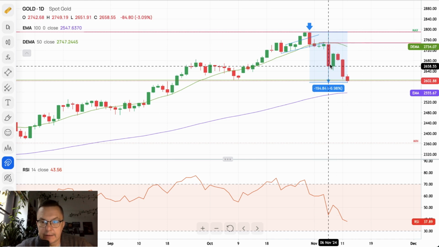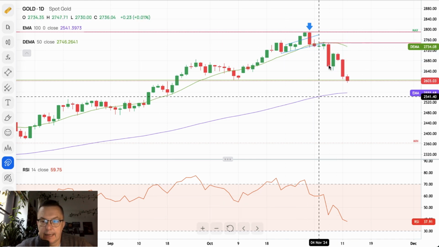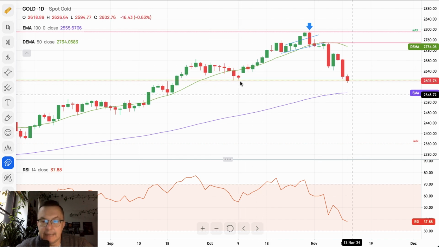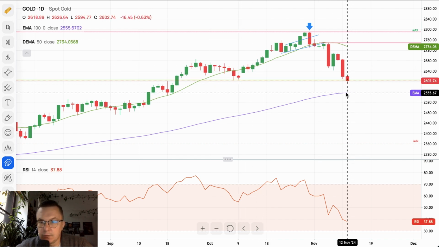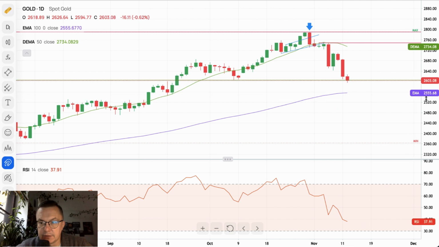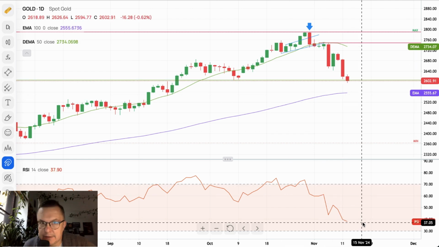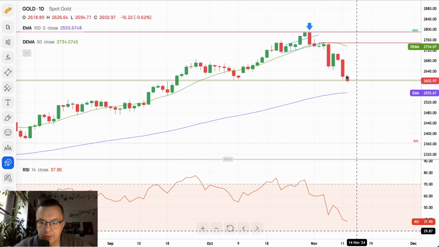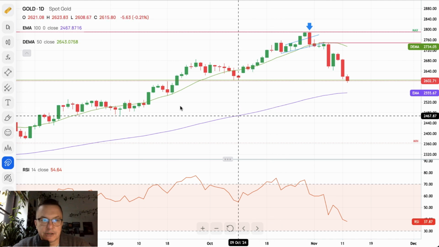Right now we are 7% lower, and the market just broke below this technical support. The next target is the 100 periods moving average located at 2,555. With this kind of a momentum, we might see the decline move even further. So there is room here on the chart, there's room here on the momentum before it will hit extremely oversold conditions.